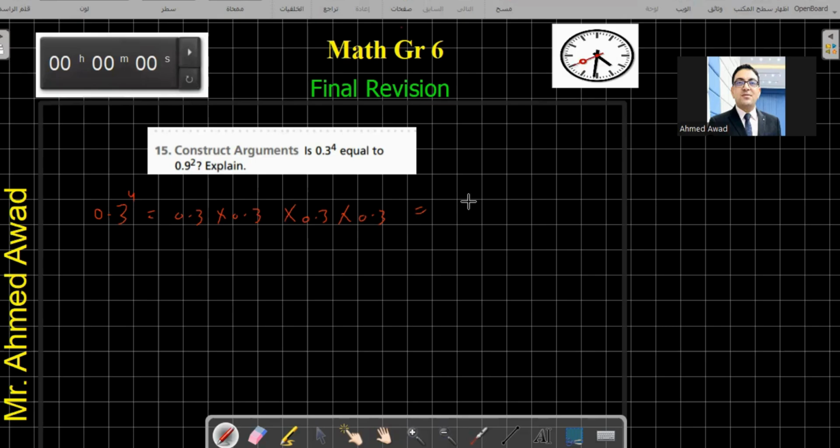So it's going to be 9 times 9, 81. What about the decimal point? The decimal point here is after 1 digit, and here after 1, and here after 1, and here after 1. So it's going to be after 4 digits. So the decimal point should be after 4 digits, but I have only 2 digits. So I will add 2 zeros here.